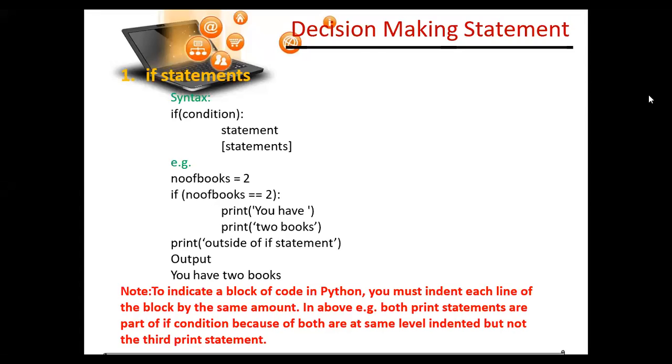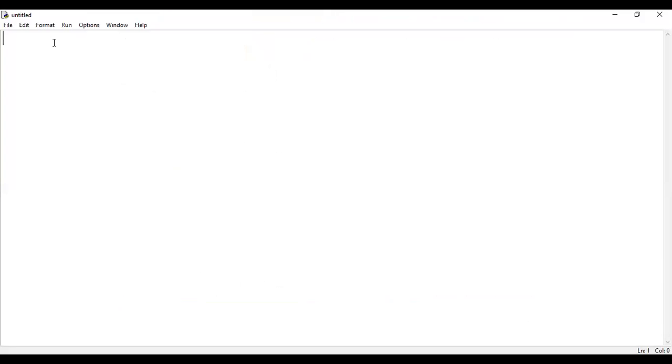Okay, so I'm opening the script mode. Okay. So we are learning the first type of decision making program. Okay. That is if we are going to learn simple if.